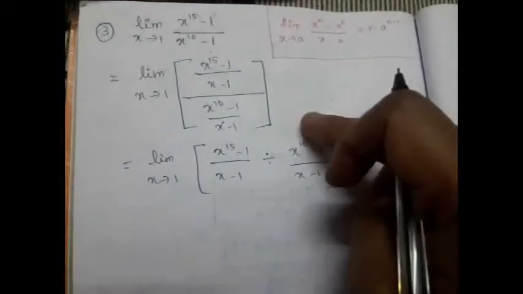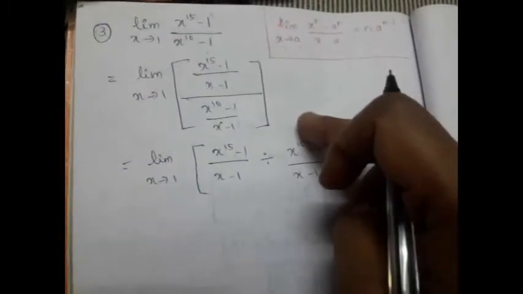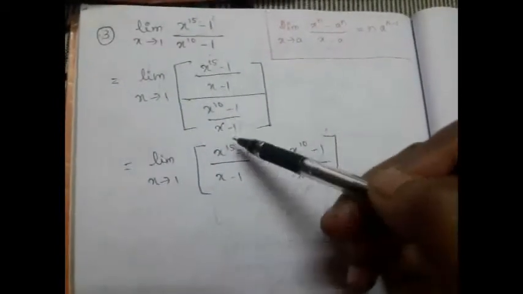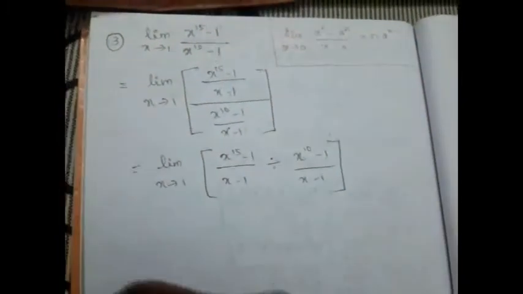This is like multiplied and divided because it will come to the numerator, right? We can do anything in math without changing its actual meaning. We can multiply and divide by the same number. We can add and subtract the same number. So without changing its actual meaning, we can do anything. That's why we have multiplied and divided by x minus 1, which is needed for the problem, right?